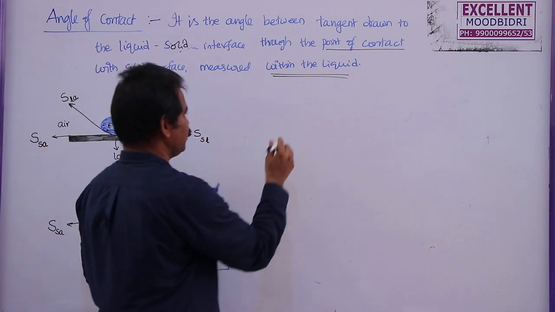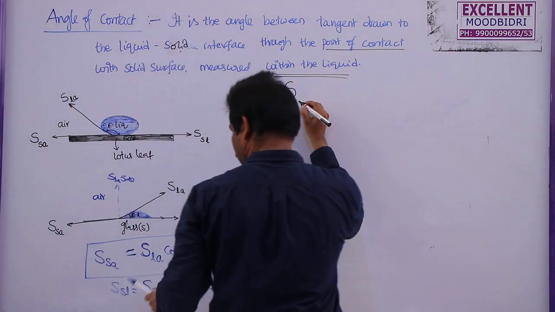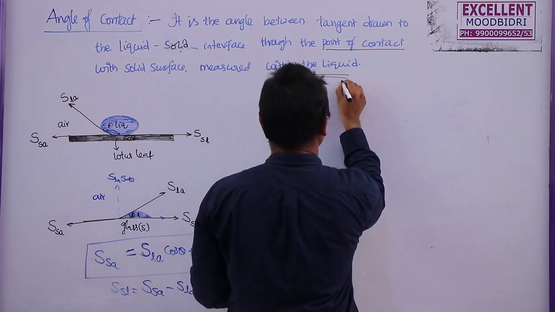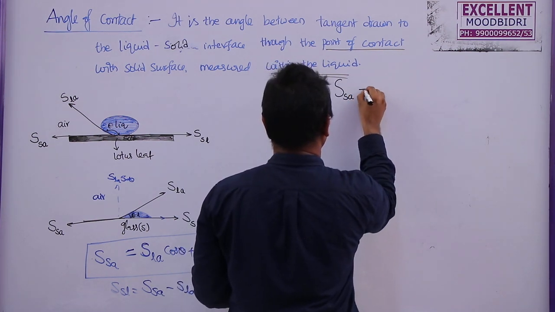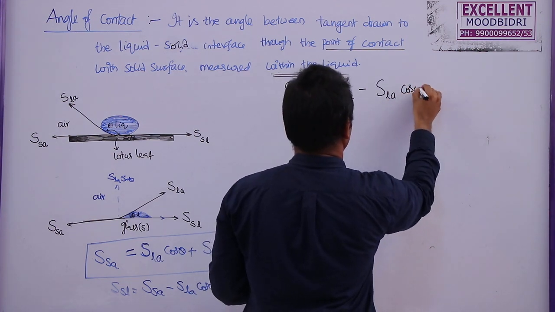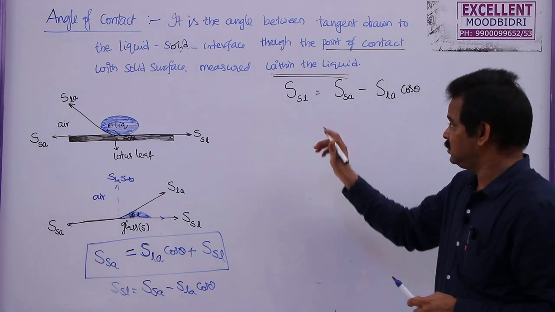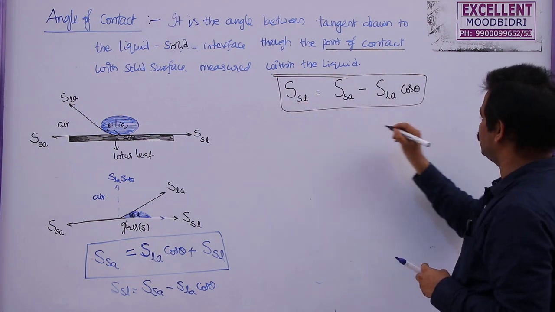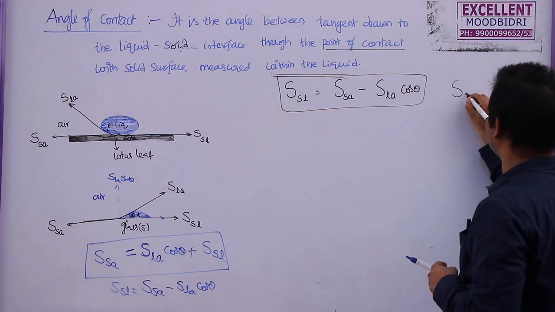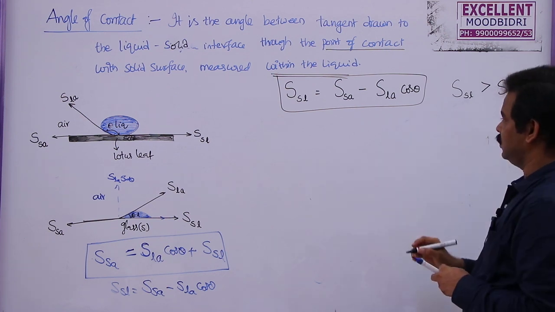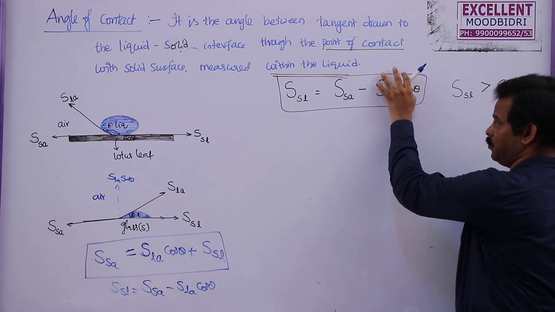So let me write this equation. The surface tension between solid and liquid is equal to the surface tension between solid and air minus the surface tension between liquid and air times cos theta. For the surface tension between solid and liquid to be greater than the surface tension between solid and air, this term should become positive.